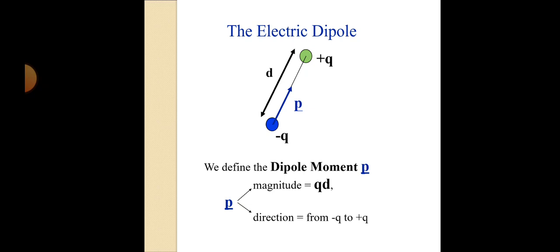The direction is a little bit different from the electric field: because it is a dipole, the direction is from minus q to plus q, not from plus q to minus q.